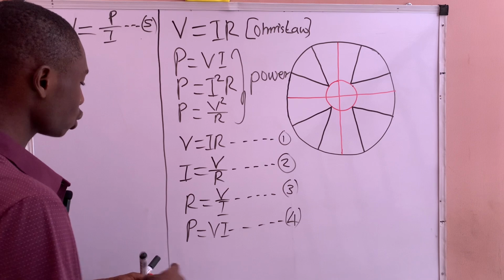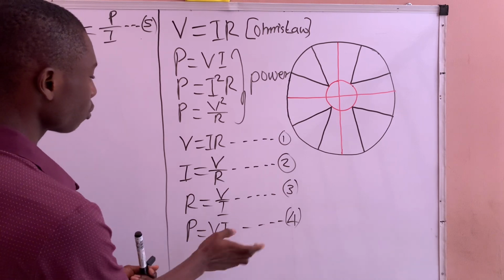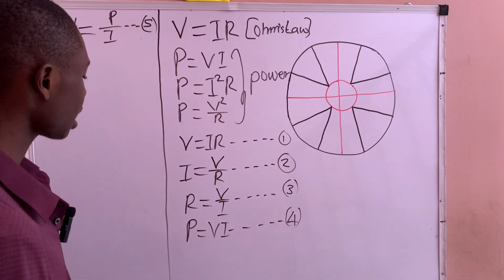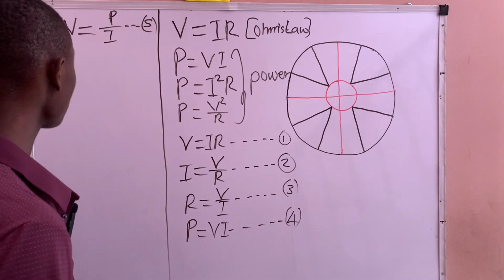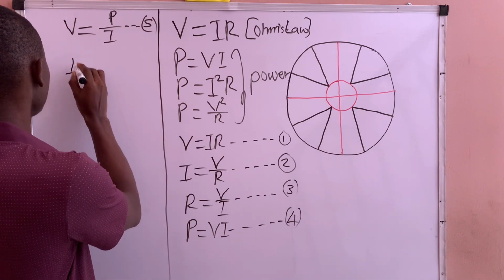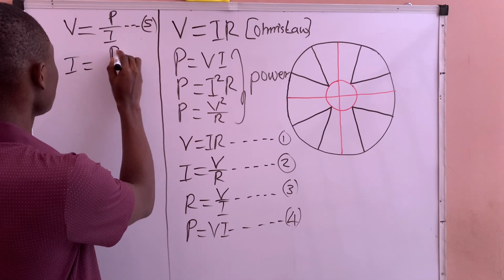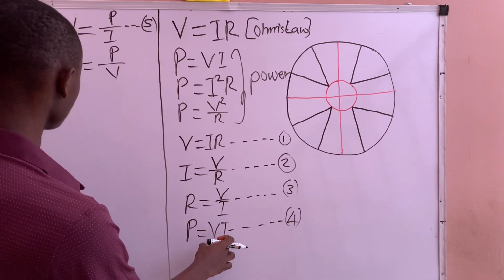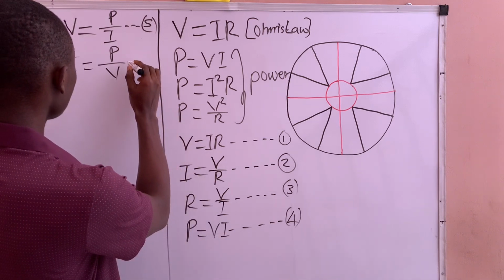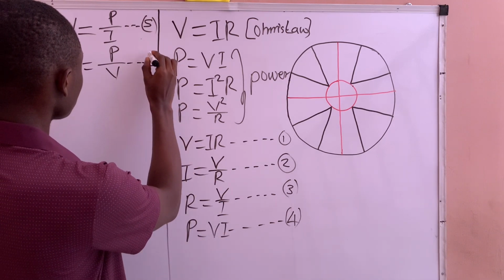By making I the subject of the formula, from equation 4, we will divide both sides by the coefficient of I, which is V. So we will have that I will be equal to P all over V. We will call this equation 6.